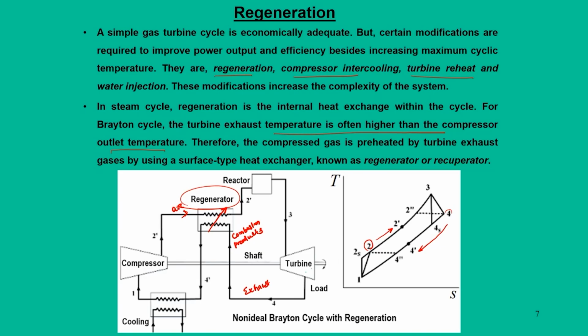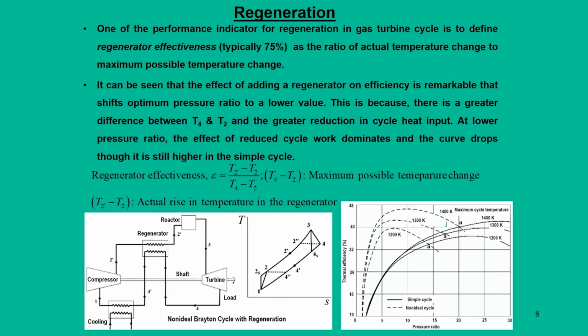In this particular graph we can see the maximum possible temperature change, and that is nothing but the difference between T4 and T2, which is the difference between turbine exit temperature and compressor outlet temperature. That is the maximum possible temperature change, but what is the best possible way that heat exchange takes place in the regenerator?